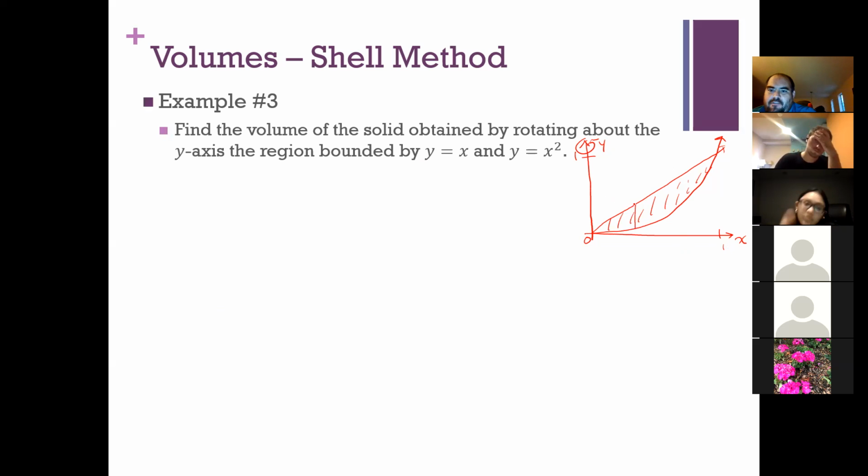So I'm going to have an elementary strip look like that. And now this is our first example where our height is not going to be as simple as just the y value, because these rectangles are not going to reach the x-axis.